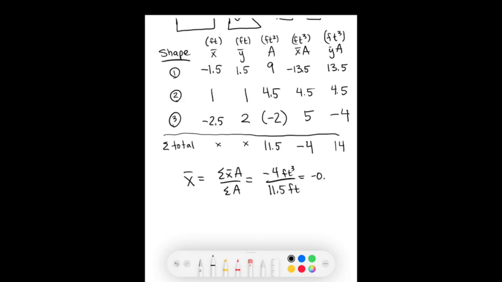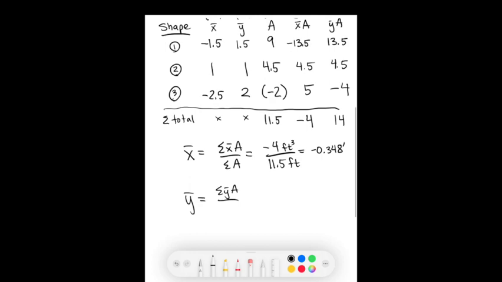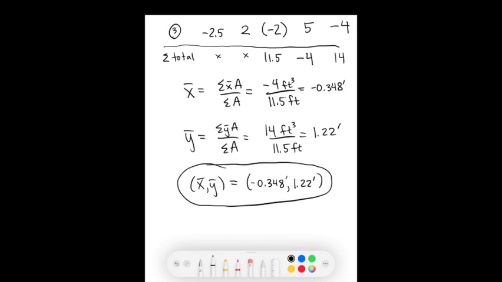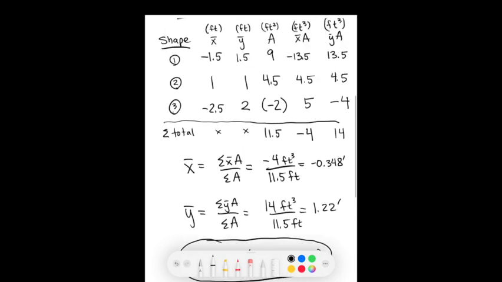Solving, we get negative 0.348 feet for x. Solving, we get about 1.22 feet for y. Finally, writing our answer. The centroid of this shape is located slightly to the left of the origin and at a height of 1.22 feet. And that's how we find the centroid of composite shapes.